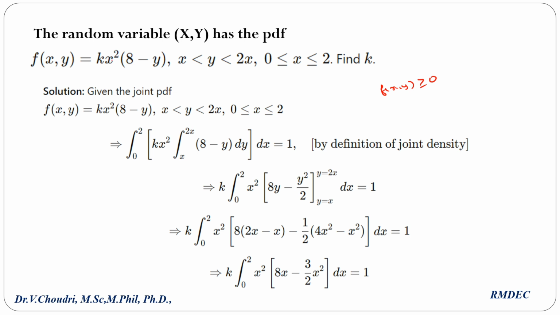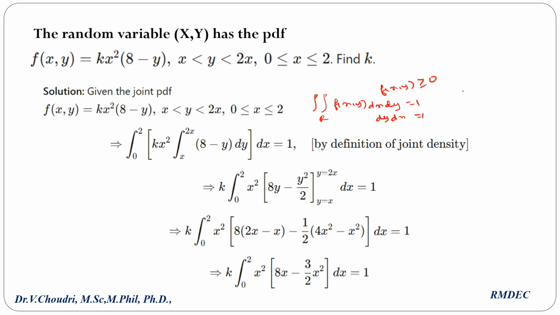So the first condition, non-negativity, is clear. The second one is not clear because we don't know the k value. So using the second condition, total probability equal to 1, what is the formula? The double integral over R of f of x, y dx dy or dy dx equals 1.